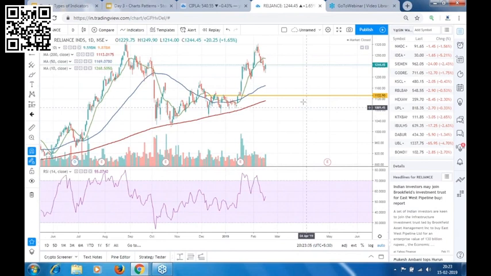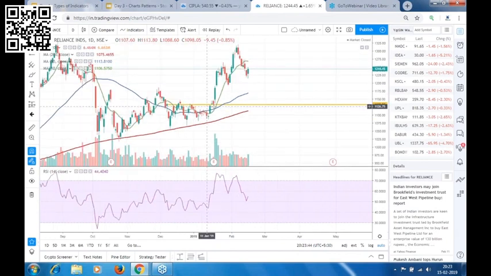And along with these three moving averages, another indicator we are going to use is RSI, but we will change the settings of RSI. Instead of 70 and 30, we will be using 60 and 40.